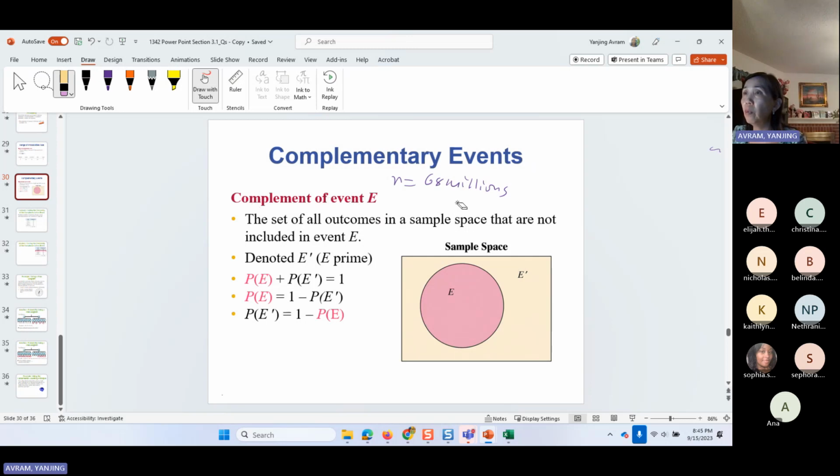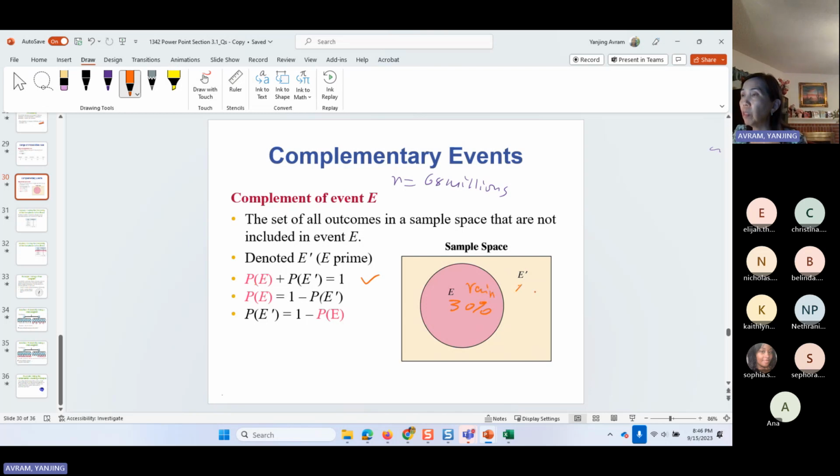All right, another one is called a complementary event. We use E prime. So we have a sample space, and the sample space is the total, right? That's my total. And then I have an event E in here. Everything outside the event E is called the complementary. The probability of the event E and the complementary add up together always to equal 1 or 100%, right? So if I know the chance of raining tomorrow is 30%, what is the chance of not raining?